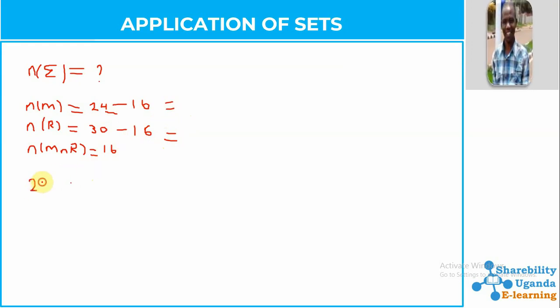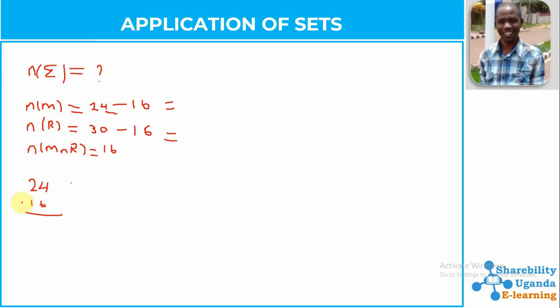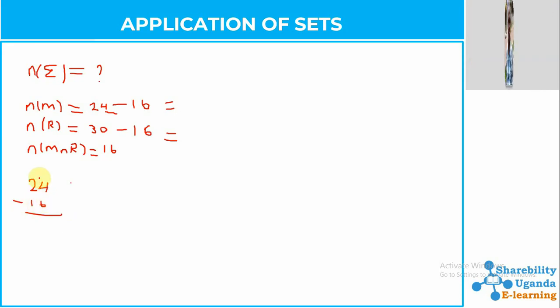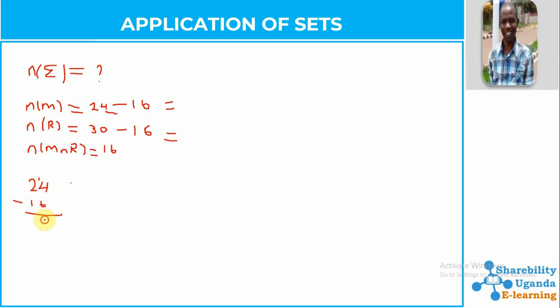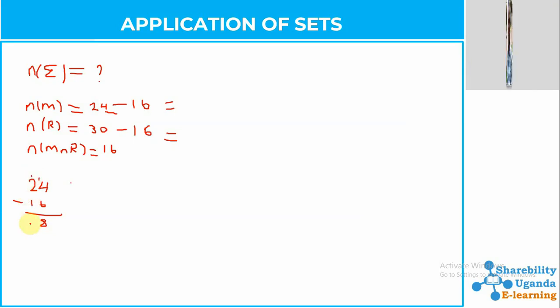This is our 24, then minus 16. Four minus 6 is impossible, so we borrow, and I remain with the answer 8, and the tens digit becomes 0. So 24 minus 16 gives us 8.